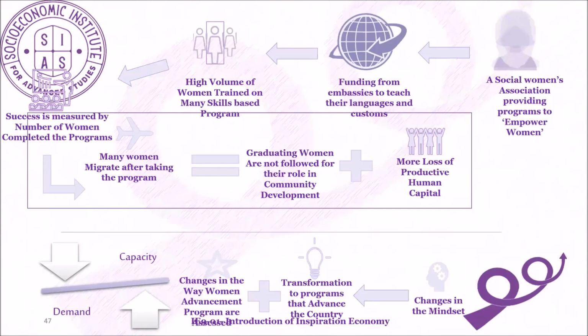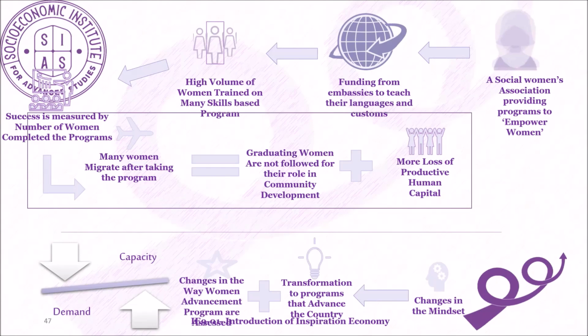So what we did actually in this case study, it was a project that we did over 3 to 4 months, where we first assisted a social women association in Bihać in northern Bosnia, and how they provide the programs to empower women.